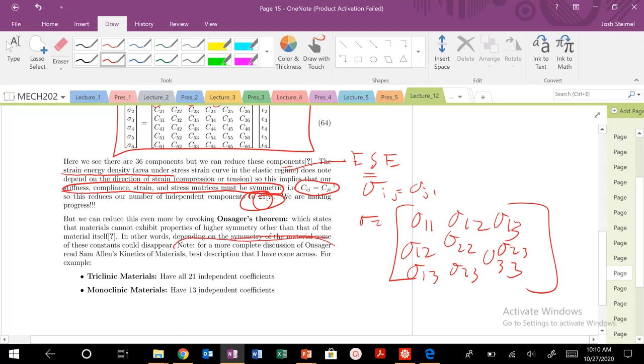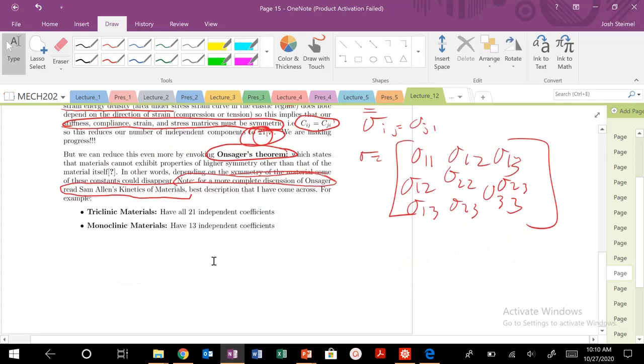If you want a good discussion of this, based on symmetries and Onsager's theorem, you can look at Sam Allen's Kinetics of Materials book, the best description I've ever come across. There are proofs that with higher symmetry of your material, you get fewer independent coefficients.